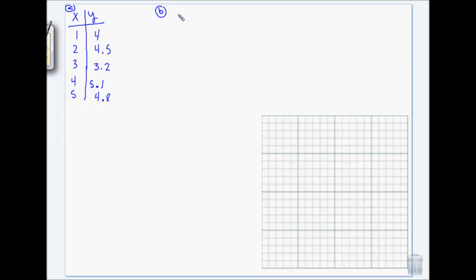B asked us to determine the domain and the range. The domain is the team numbers. The range is the ice sculpture heights.